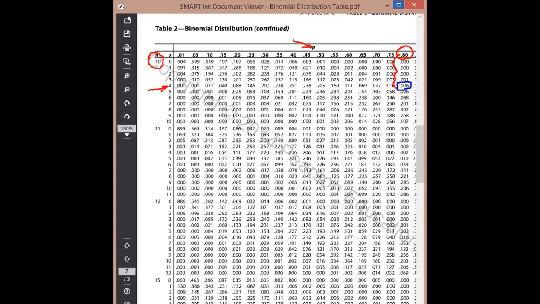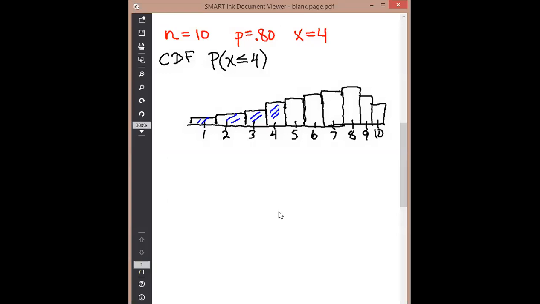Let me change back. I forgot to stop and go to a new share here. What you see graphically, where I've colored in the probability x less than or equal to 4, is all of these added together.